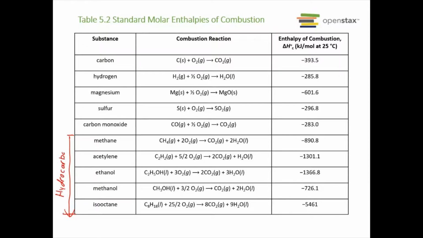For those of you that go on to organic chemistry, you will know all about hydrocarbons, which literally means hydrogen and carbon. Technically, ethanol, methanol, and isooctane aren't necessarily hydrocarbons. They're alcohols, but still. You can see the combustion reactions and their enthalpies of combustion at 25 degrees Celsius, given as kilojoules per mole. So these are some reference reactions for you.